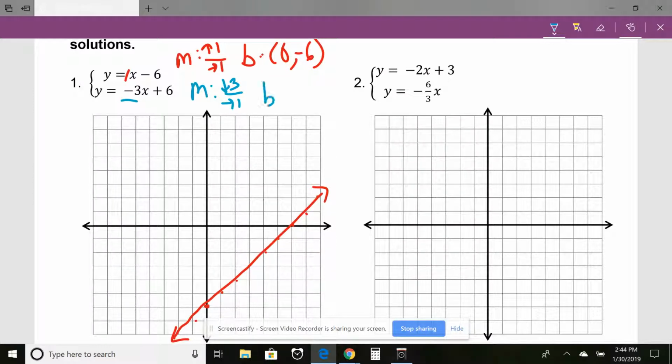And you start at 0, positive 6. 1, 2, 3, 4, 5, 6. Down 3 over 1, down 3 over 1, and so on. And I can't go in the other direction because there's not enough room on the grid.